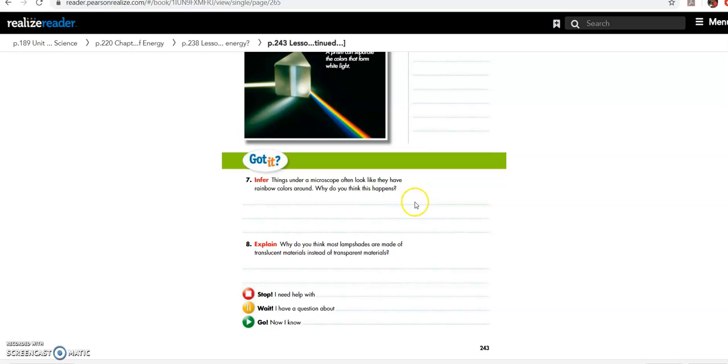Refraction would separate light into different colors. So when white light enters something, it can be dispersed through refraction and create different colored light. So once again, microscopes have lenses that refract light. Refraction separates light into its colors.